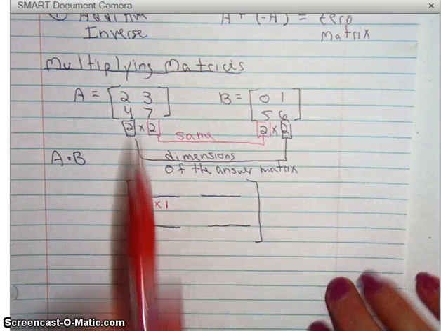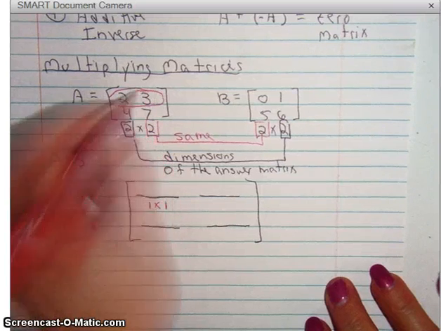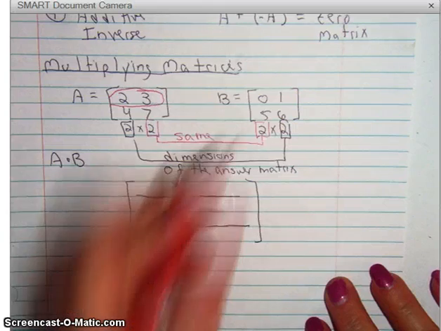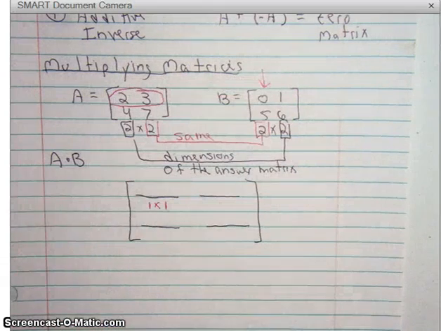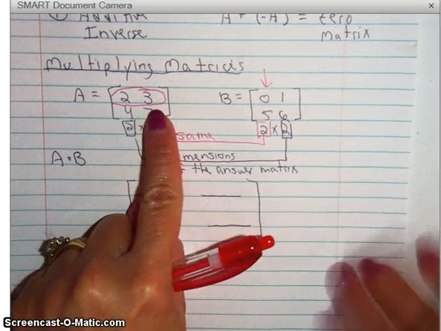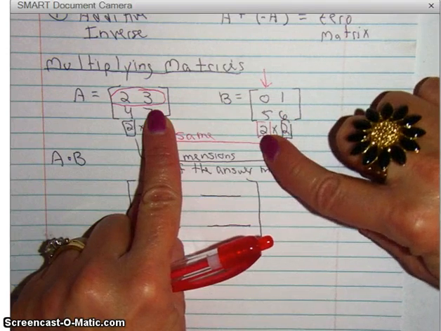It tells you go to matrix A, find row 1, go to matrix B, find column 1, work across matrix A, work down matrix B. So I shall point.